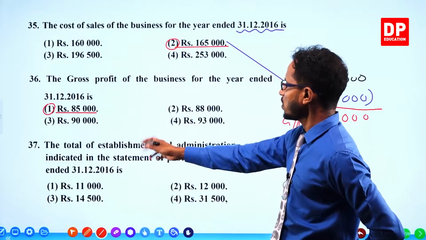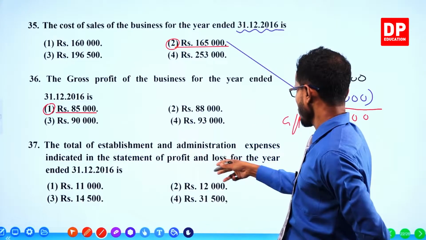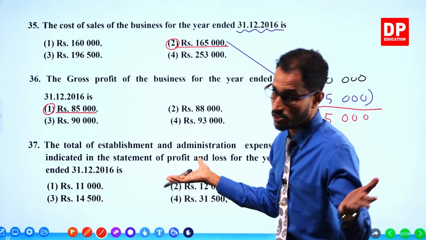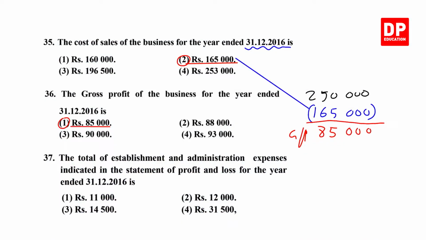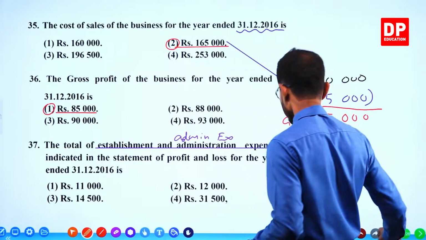Next, total of establishment and administration expenses indicated in the statement of profit or loss. Establishment and administration expenses are the same thing as admin expenses. Let's mark out what admin expenses are there.